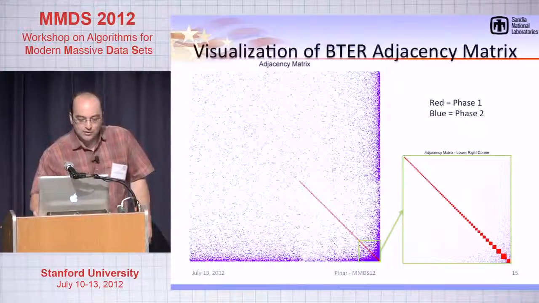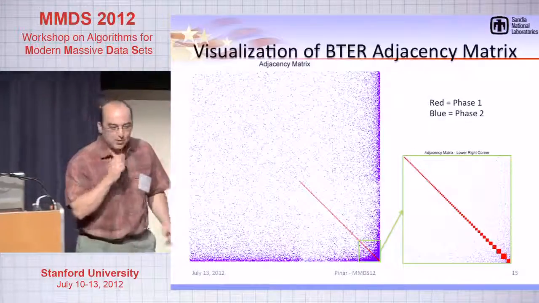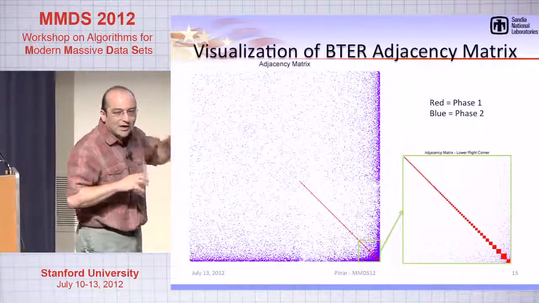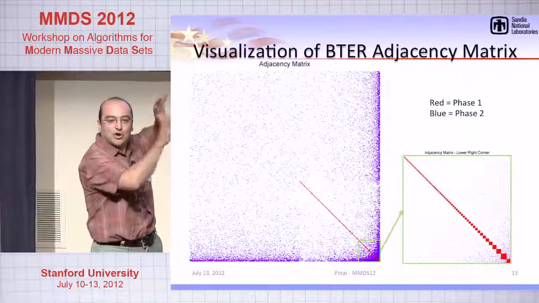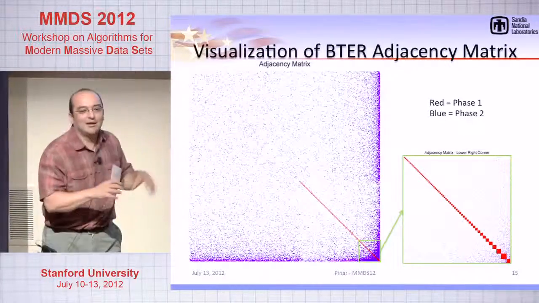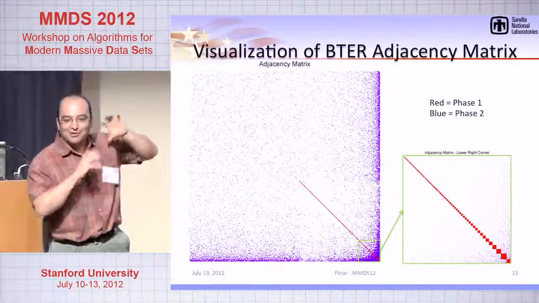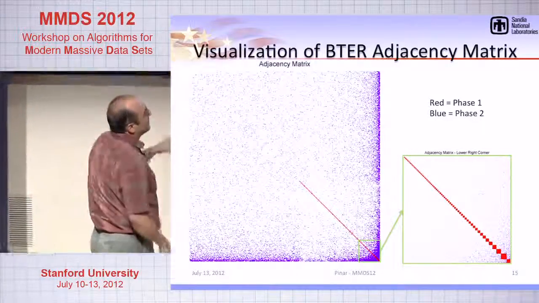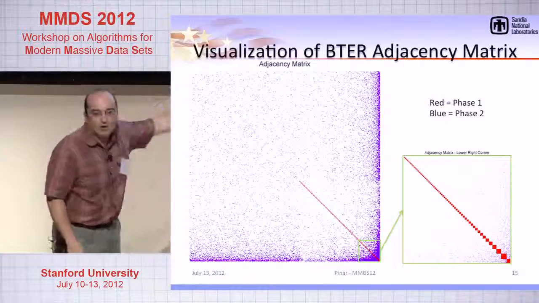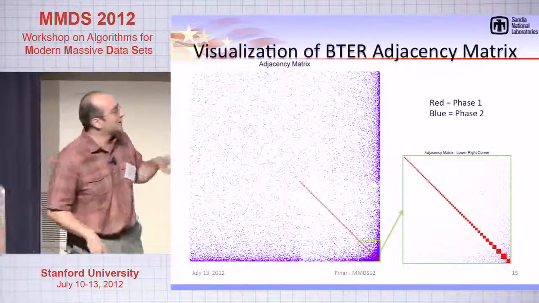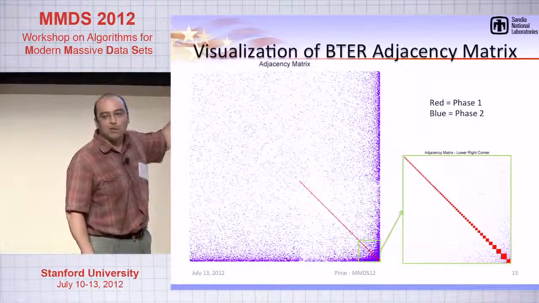I would like to show this one because when I gave this talk before, people envisioned a matrix with giant blocks on the diagonal and a few non-zeros as well, like in scientific computing or block-angular, block-diagonal matrices. That's not it. What I'm adding in phase 1 is the edges for affinity blocks, which correspond to the red points there.